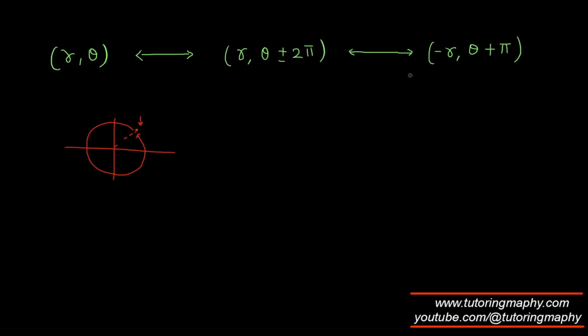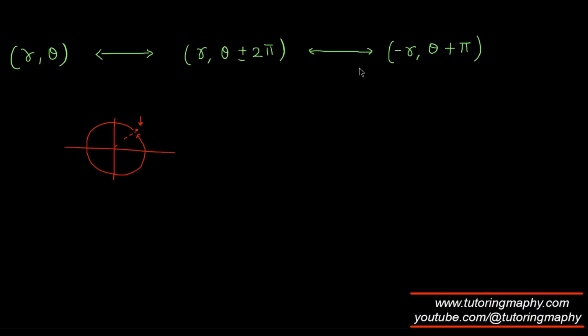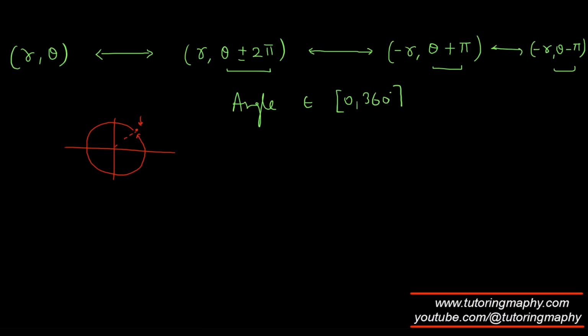And finally, with the same r, rather than adding pi, I can subtract pi as well. That will also give me the same answer. So these are popularly the four forms of writing a single point, or maybe three extra ways to write a single point. I'm keeping in mind that this angle is between 0 and 360 degrees, right?